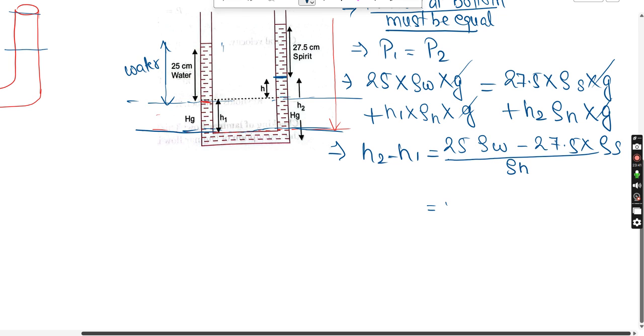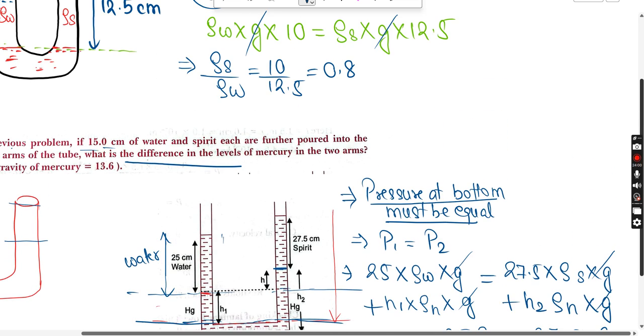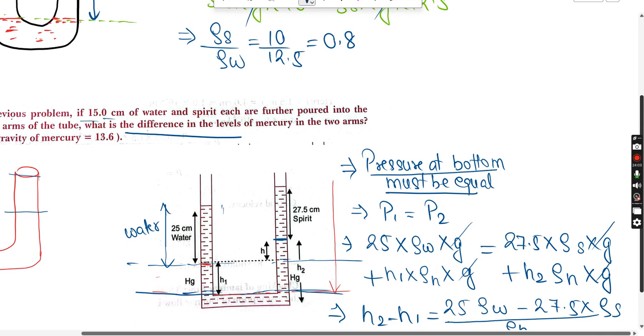So after putting the value, 25 into the density of the water. Density of the water is how much? Just now we have done, right? We can get it around that. Density of mercury is given. Can you see here? Basically, what is the difference of the level of mercury?